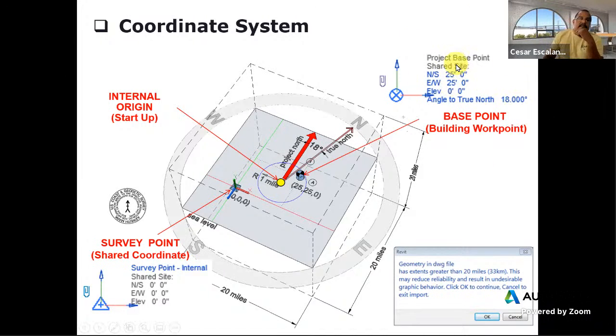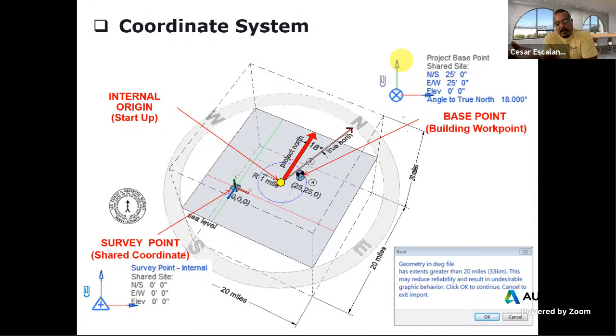The other point is this one called project base point. It has the shape of this circle with an X. Forget about this clip. This was an old behavior, and starting in Revit 2020, the project base point no longer has this clip. The project base point is also called a building work point, and it indicates a point that is discipline specific, that usually is aligned with the start point of the project layout.